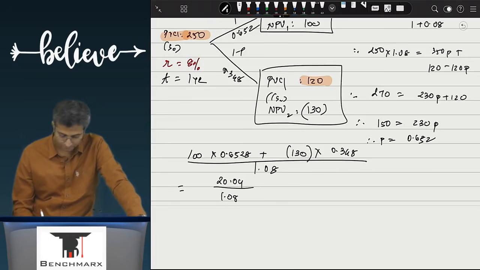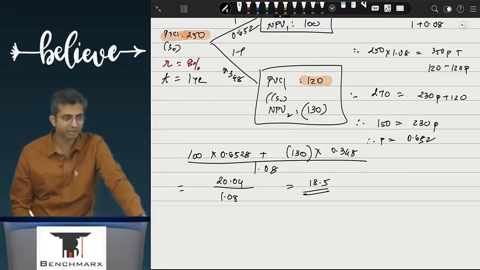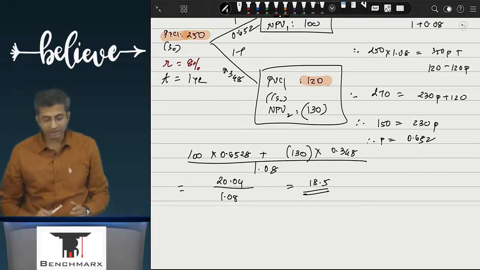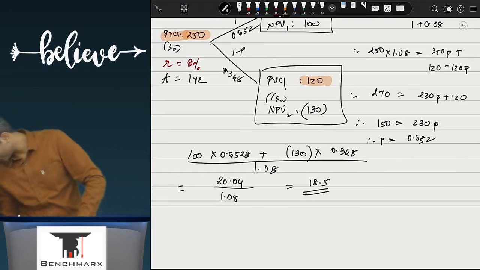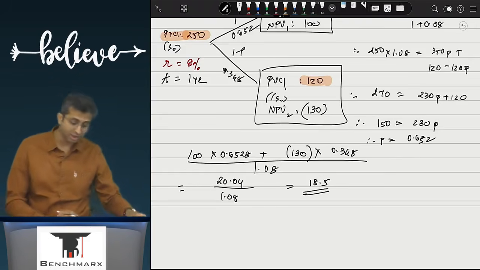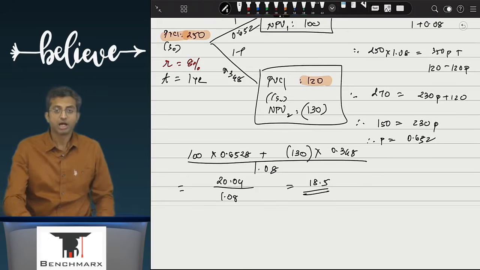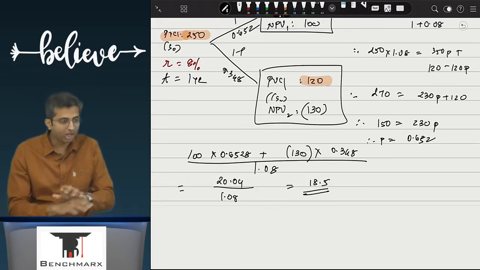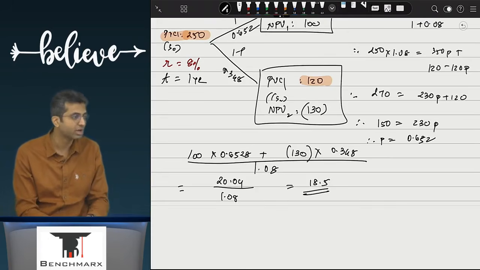This comes to what? 18.5 approximately. Now what does this indicate? This is an average NPV which is, let us say, positive. What does this indicate? Well, it is not advisable to buy the project based on today's situation.